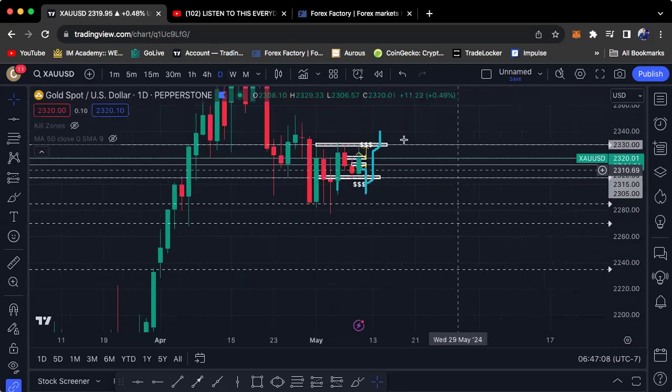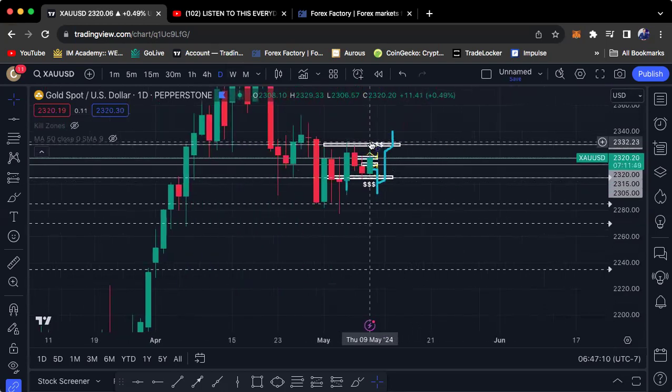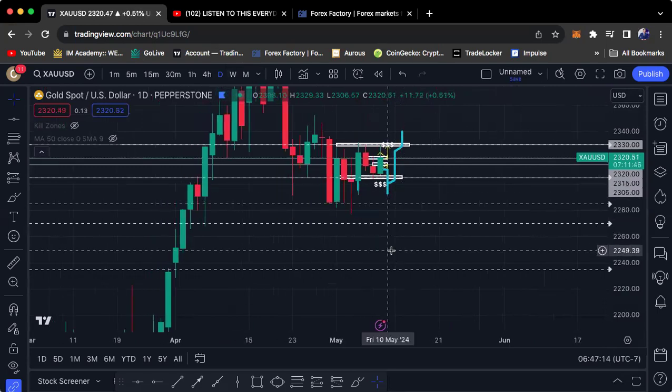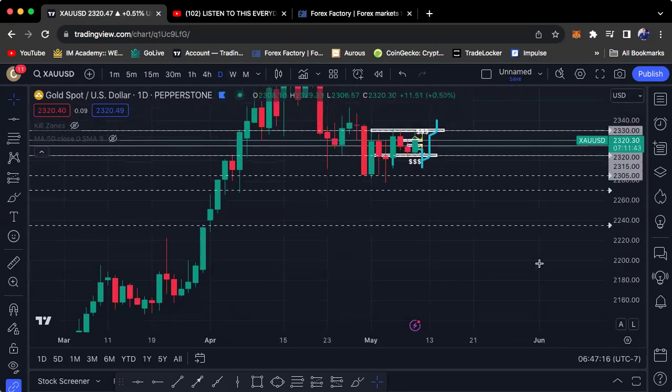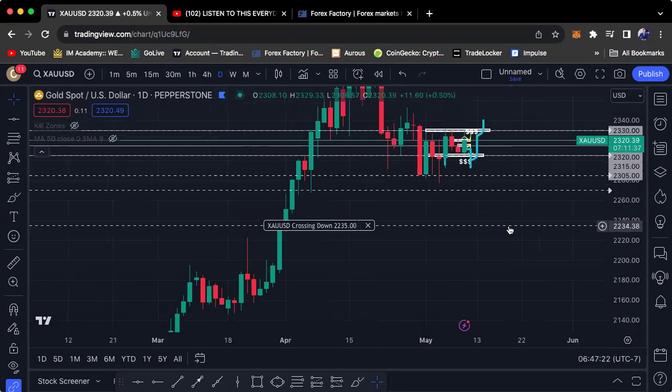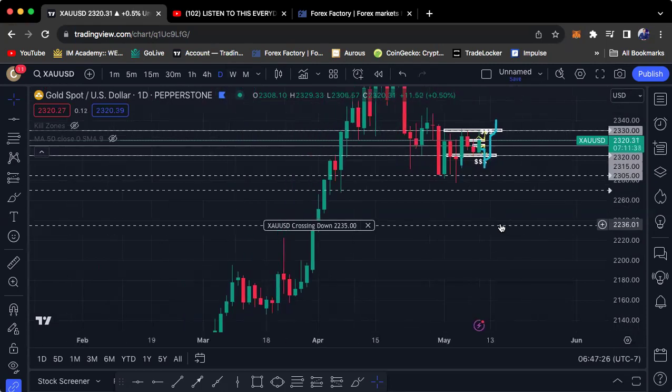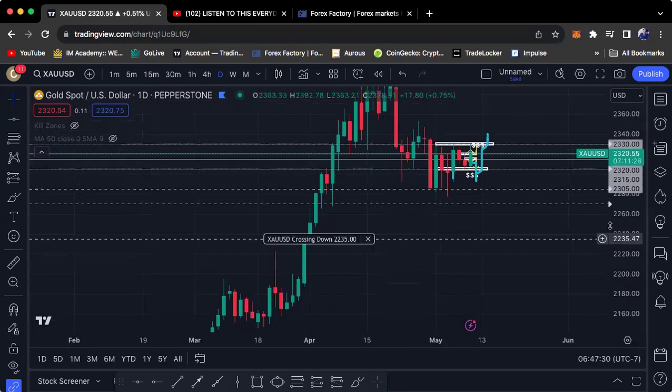Right now we have this bullish candle. 2235, because I know Darwin, he called out 2235. Yeah, 2235 is right here. So Darwin called out 2235, right?